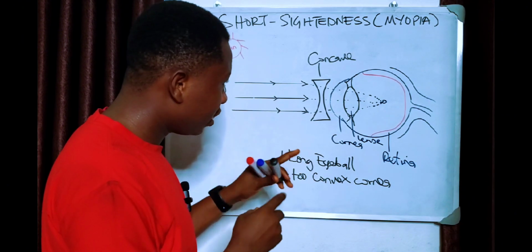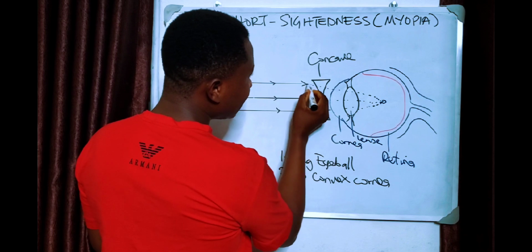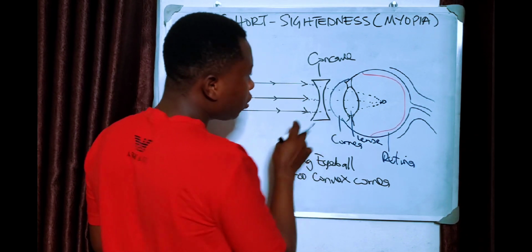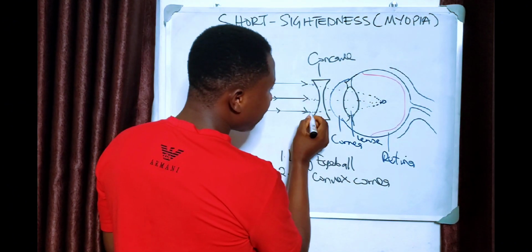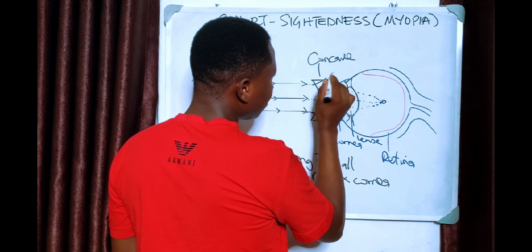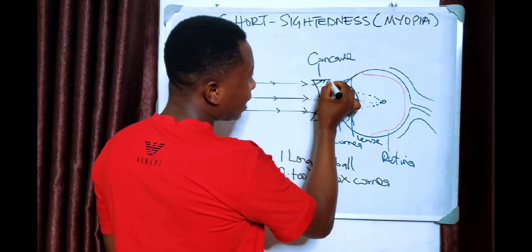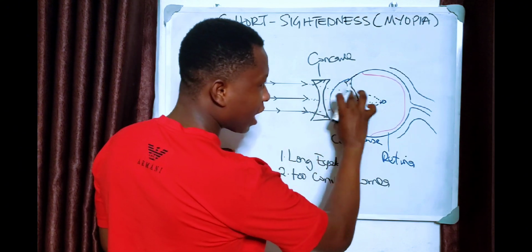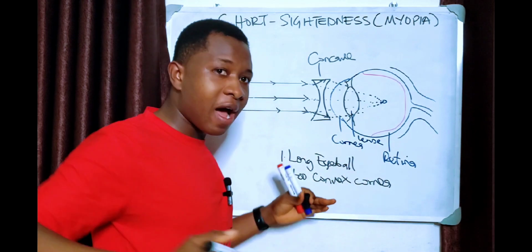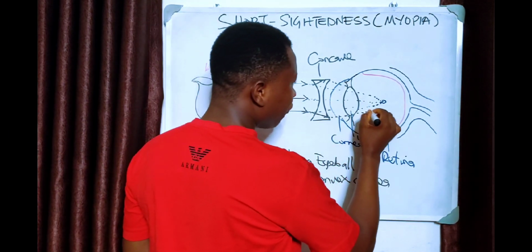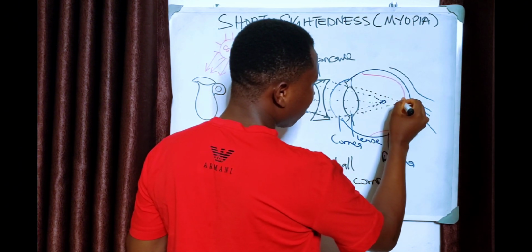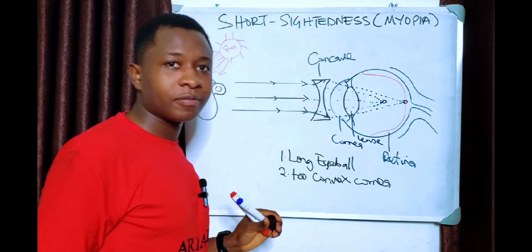Because it's concave in nature, when these rays hit this part, they don't go straight, they diverge to this point. Here also it diverges to this point, and when it hits the cornea and the lens, it hits from a far angle, so that before it converges, at some point it will converge at the retina.